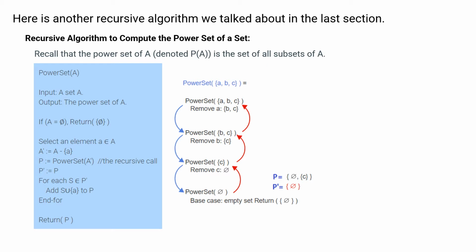And then we'll let P be everything in P prime, along with what started out in P prime with the element that was taken out in that iteration added back in. So in this last iteration, C had been taken out, so we'll put C into the empty set, and that gives us a set that includes only C.